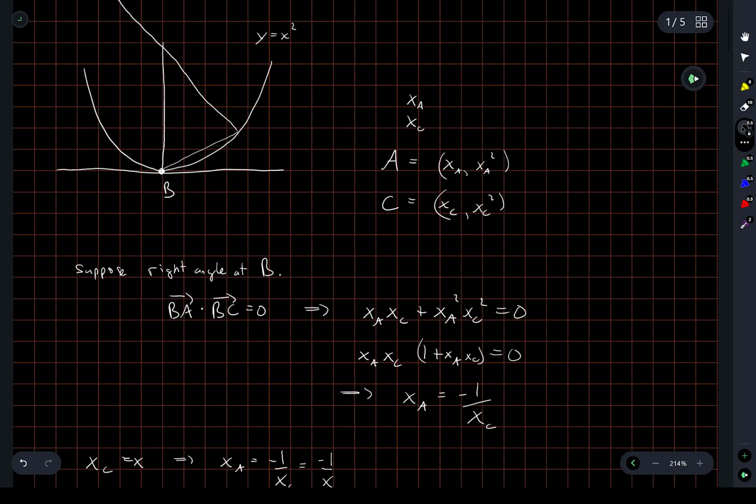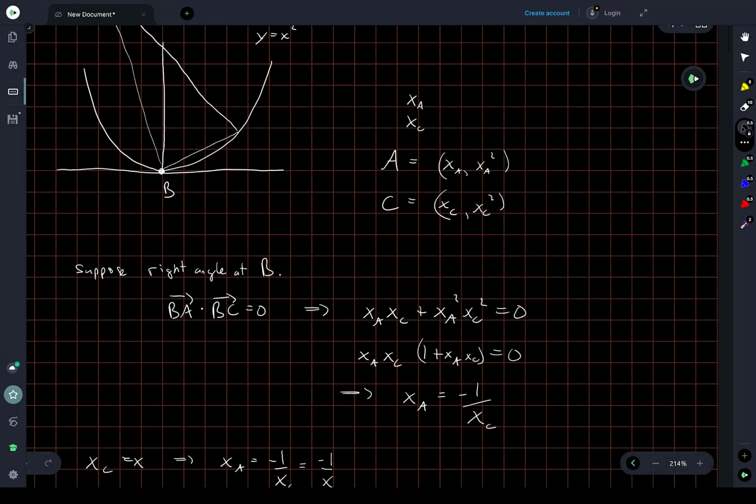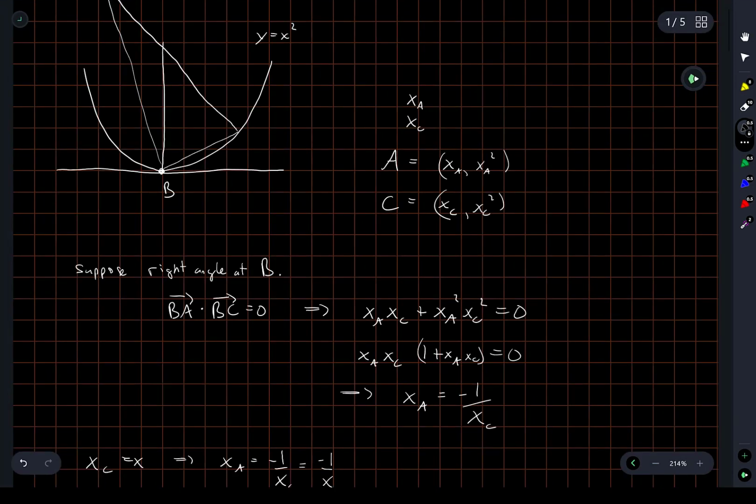Okay, well, it's obviously going way off in the distance up there. So this is the point. This was supposed to be a right angle. It doesn't look like a right angle at all.